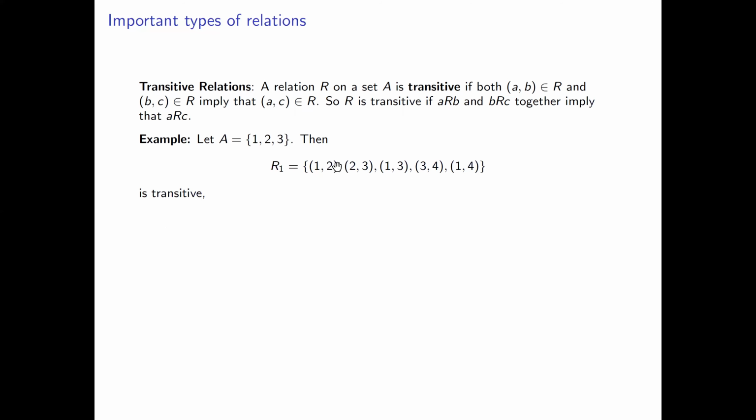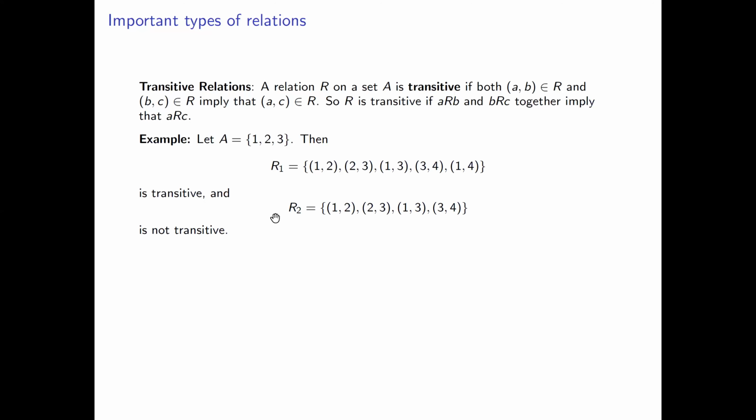And therefore, 1 is related to 2 and 2 is related to 3. In order for this to be transitive, I need to have 1 related to 3. So (1, 3) should be in the relation, and it is, and you can check right here. And similarly, notice that 1 is related to 3, and 3 is related to 4. Therefore, in order for this to be transitive, I need to have 1 related to 4. But you can see (1, 4) is right here, so it is transitive.